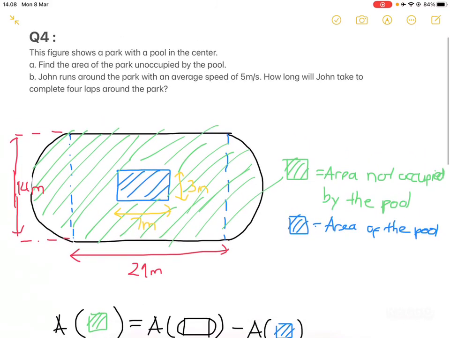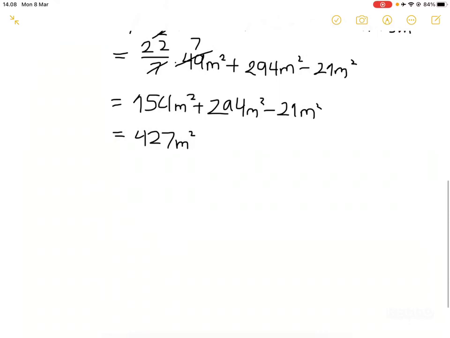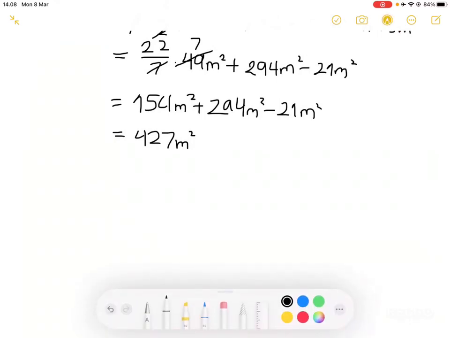Alright, and first we need to probably calculate the perimeter of this since it involves running around the park.